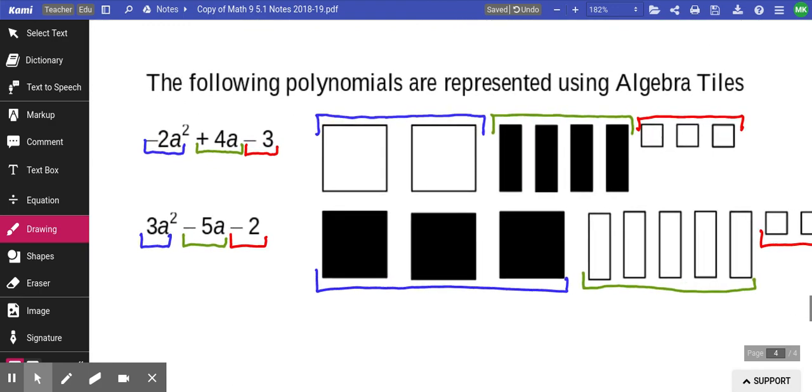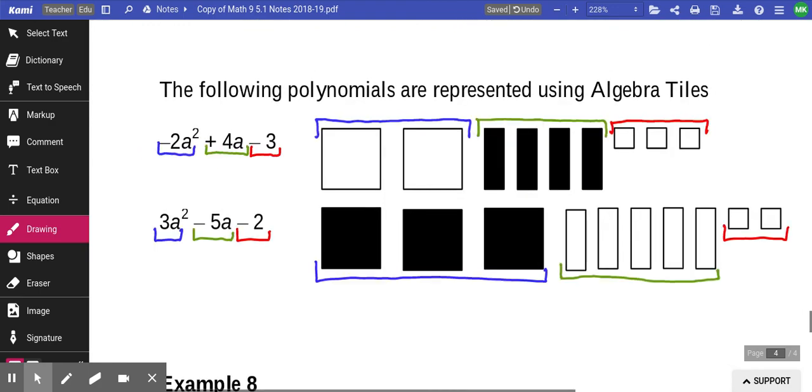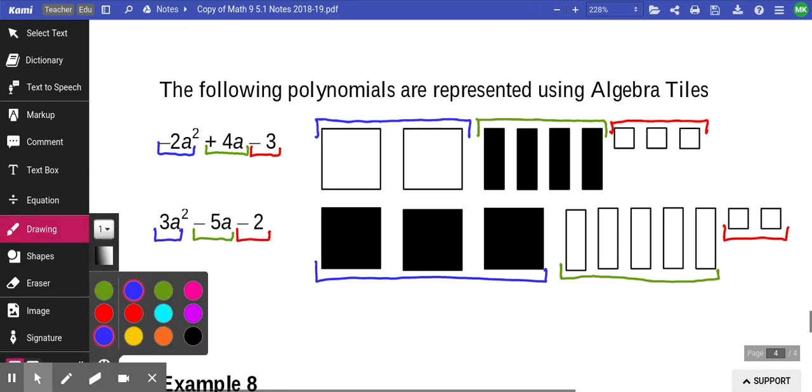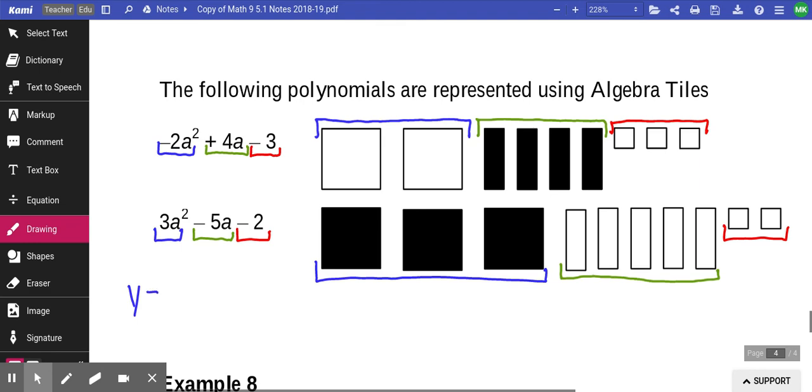Okay, why this matters. Algebra tiles help us understand like terms, which is a phrase that I've used before. I used it last unit when we had things like y equals 2x minus 1.